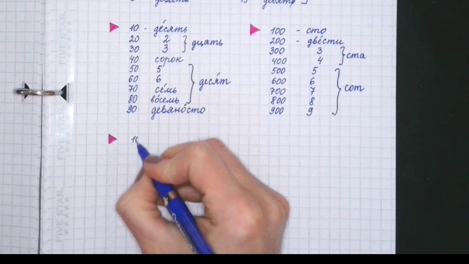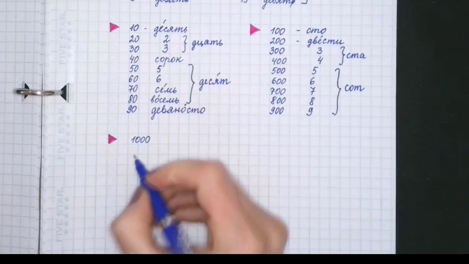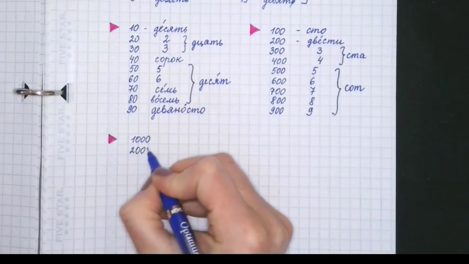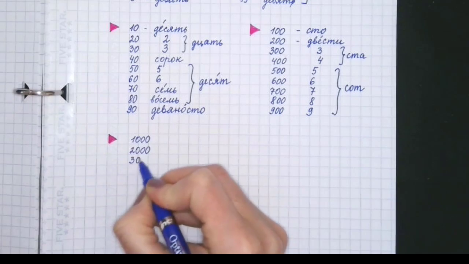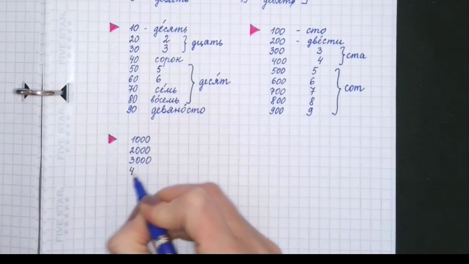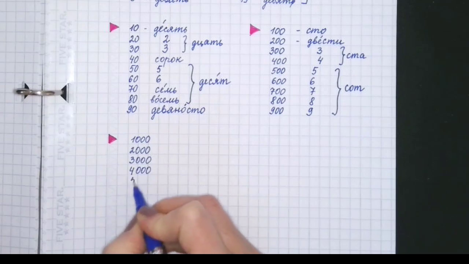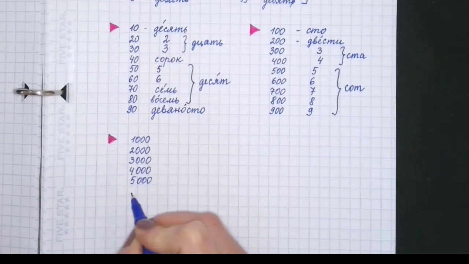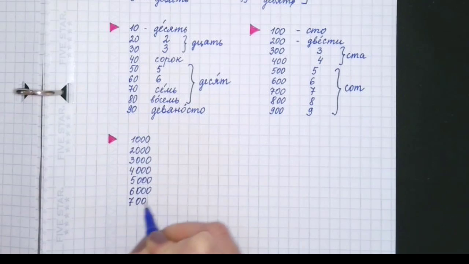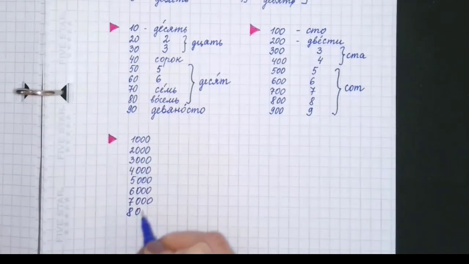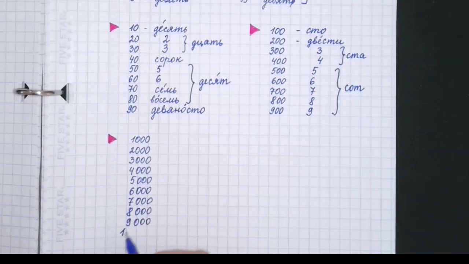So here we have 1000, 2000, 3000, 4000, 5000, 6000, 7000, 8000, 9000 и 10,000.